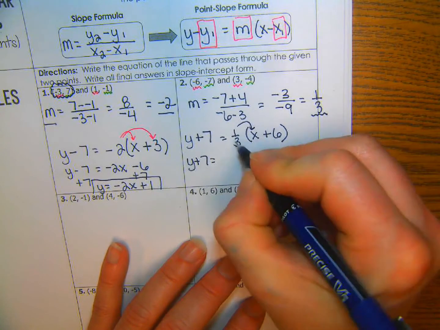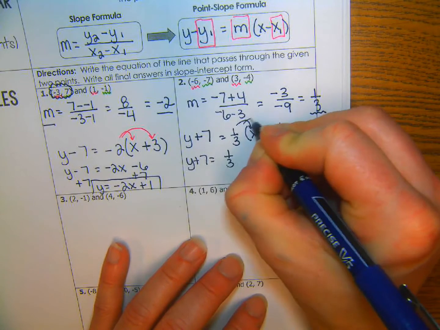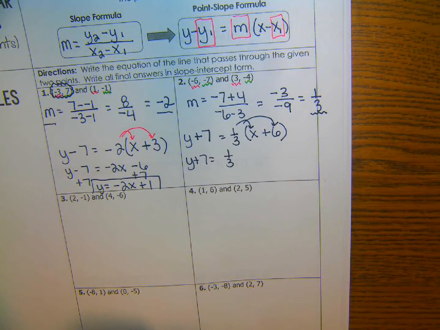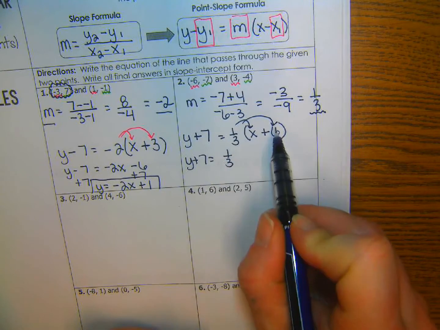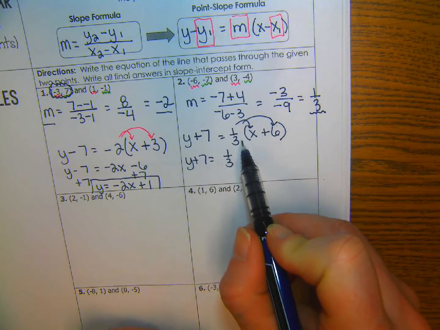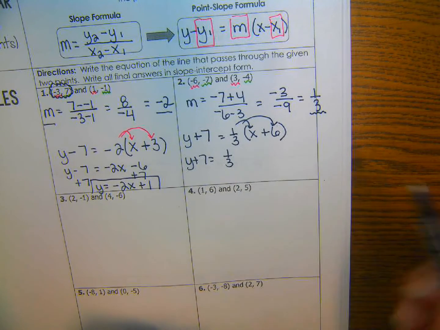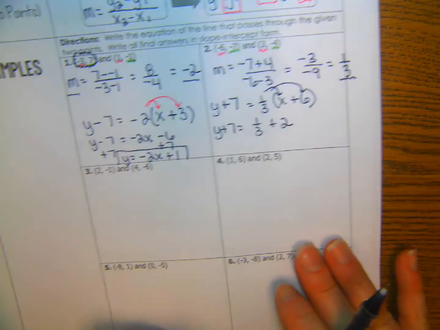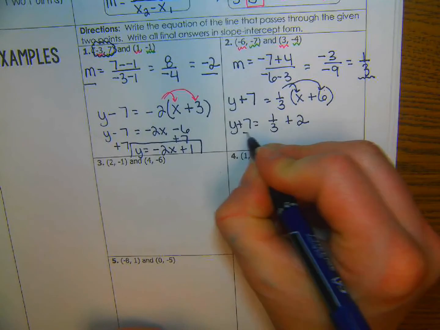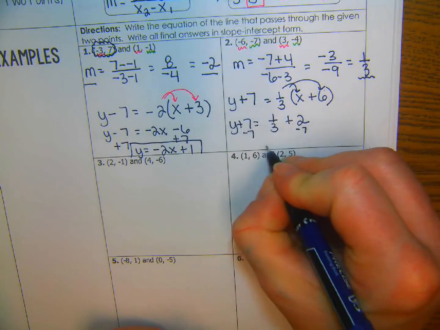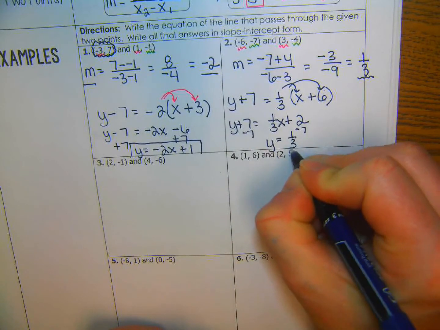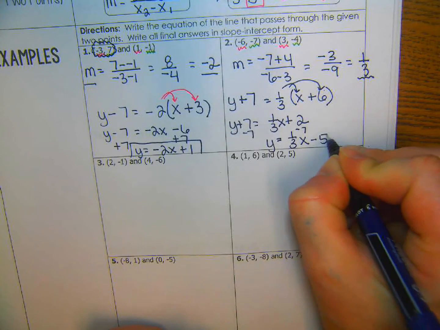One-third times x is 1/3 x. 1/3 times 6 is like 6 divided by 3. That's what that means. It's like 1 times 6 divided by 3. What's 6 divided by 3? 2. And finally, I subtract 7 from both sides. Did I forget my x? 1/3 x minus 5.